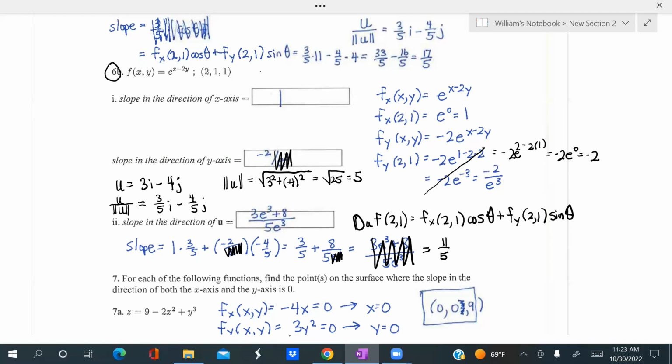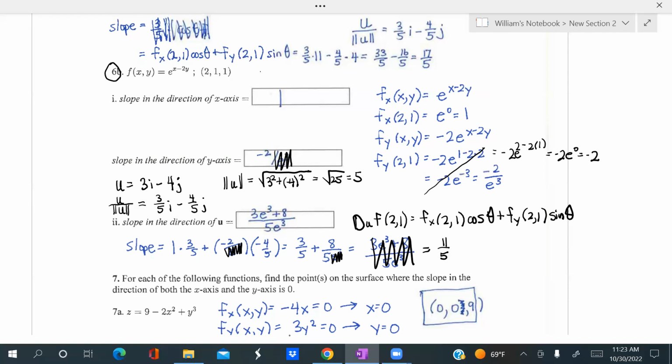So there's the correct answer for 6B. Yeah, I knew I had some mistakes in the answers for my sample test, and I think this is one of the mistakes. Let's double check that. Let's make sure we did that partial derivative correctly. So the partial derivative with respect to y here, you're going to repeat the e to the x minus 2y, and then multiply by the derivative of the exponent, which with respect to y is minus 2.